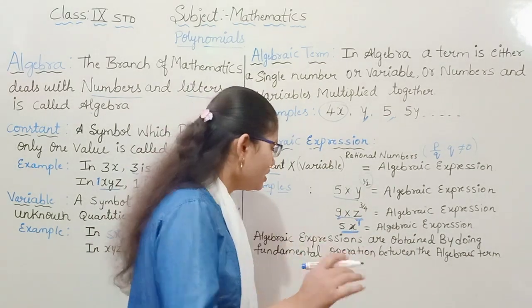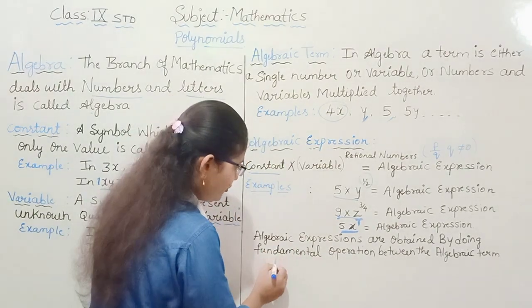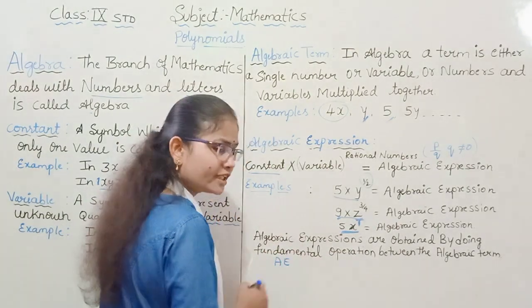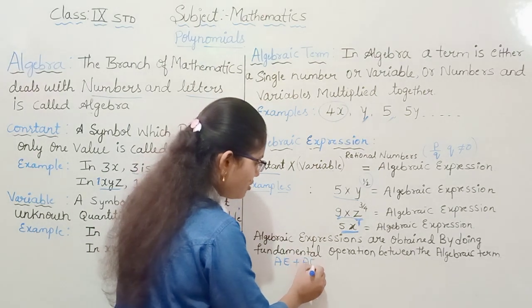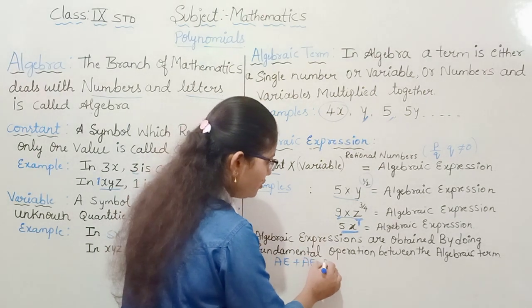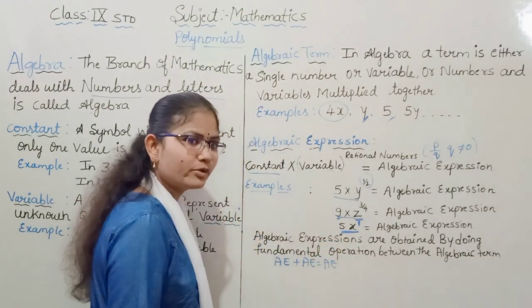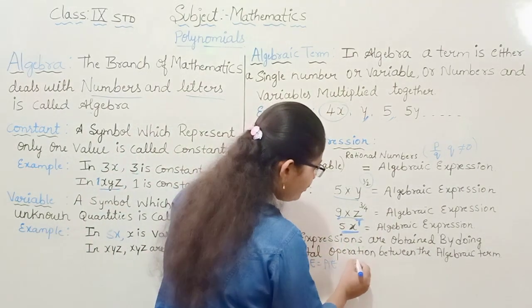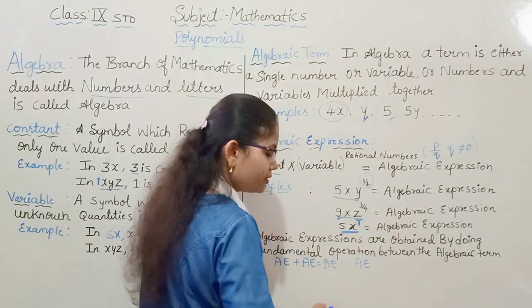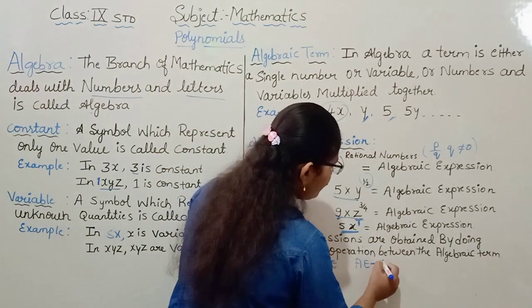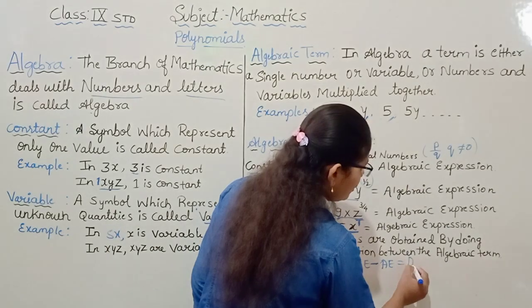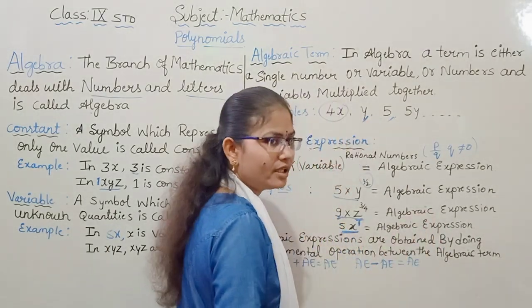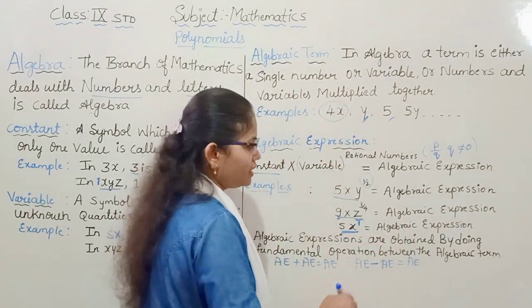For example, if you take any algebraic expression and add another algebraic expression, what are you going to get? You are going to obtain an algebraic expression only. Next, if you subtract one algebraic expression from another, the difference you get is also an algebraic expression. If you multiply algebraic expressions, the product is also an algebraic expression.